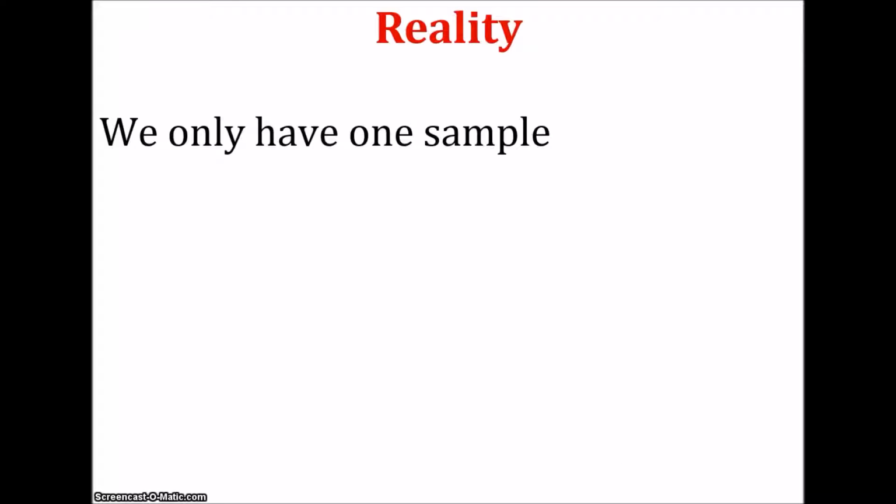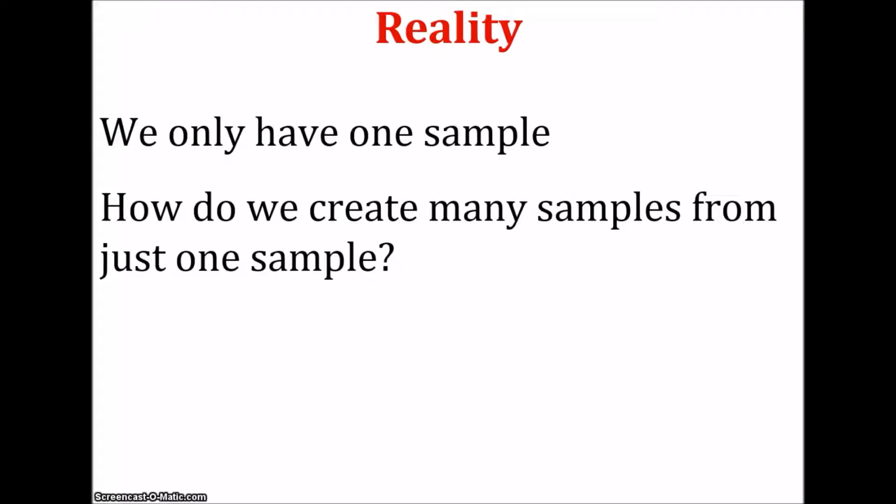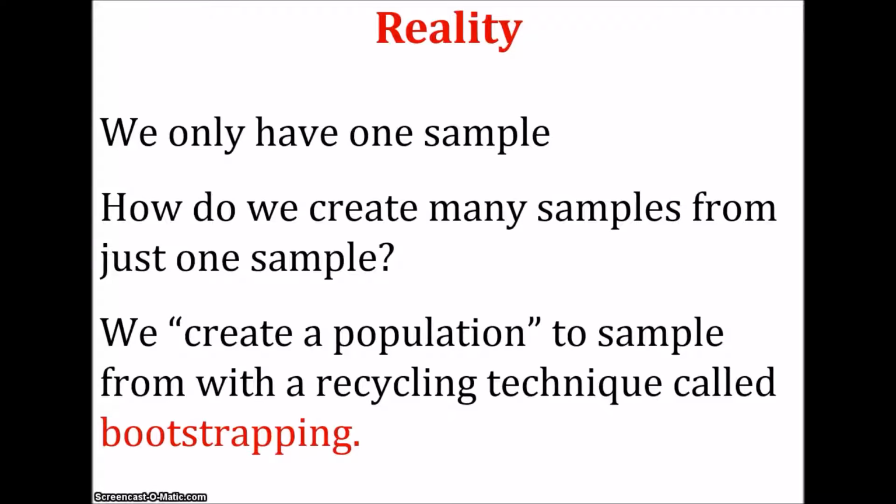The reality of the situation is we are not going to take a whole bunch of samples. We only have one sample. So how do we create many samples from just one sample so that we can calculate the standard error? And the answer is we're going to create a population based on the original sample using something like a recycling technique called bootstrapping.